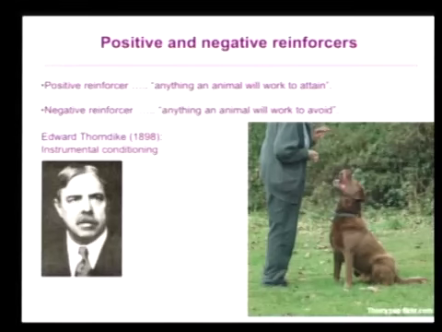And so psychologists of learning, such as Edward Thorndike here, back in the late 19th century, studied the mechanisms by which animals learn to shape their behavior, to take actions, in order to maximize their probability of obtaining positive reinforcers and minimize the probability of obtaining a negative reinforcer.